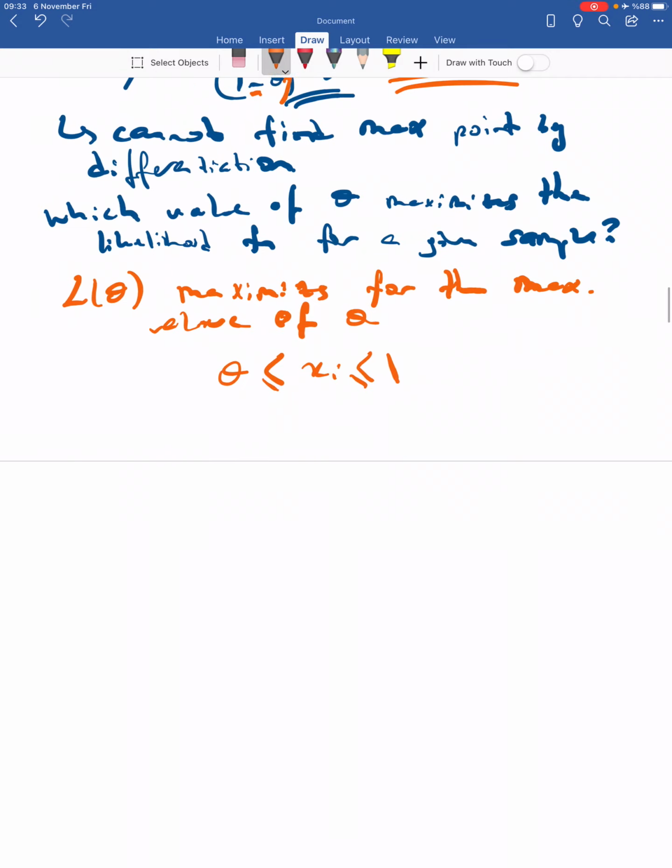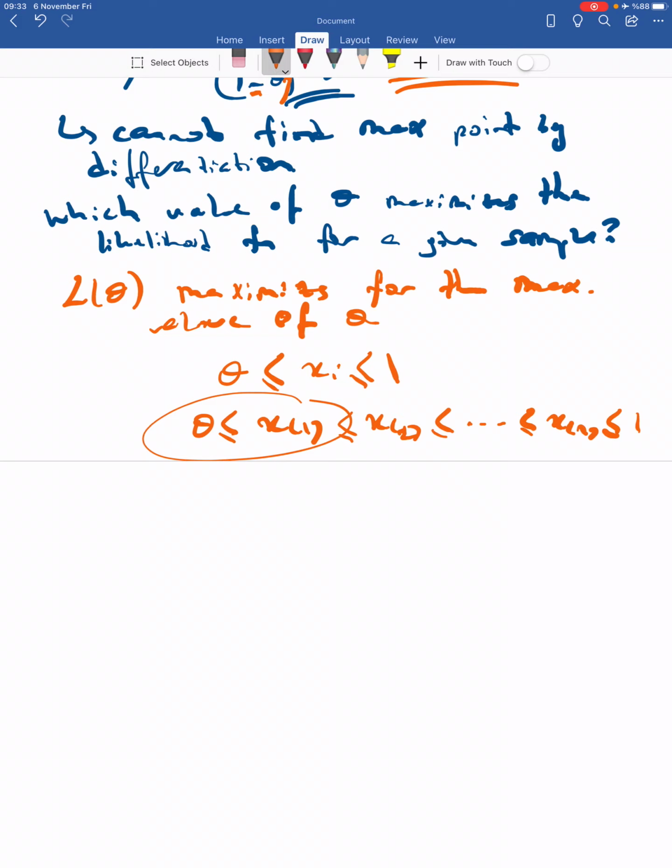This means that each xi value is bigger than theta. So when we order them, we can get a more precise range for the theta value. Okay, x(n) and 1. So what is now the exact closed range for theta?